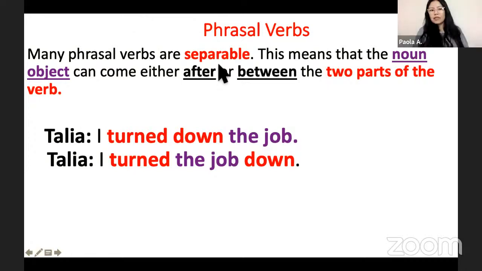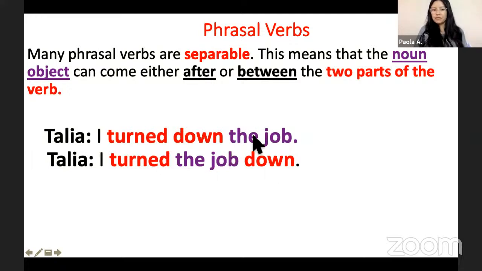Excellent. So in this case, the main topic is the job, right? The job can either go after the phrasal verb, or it could go in the middle between the two-part verb, turned down.